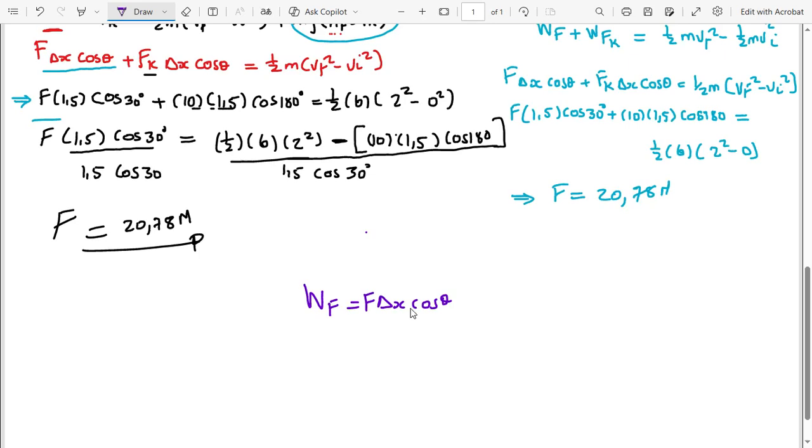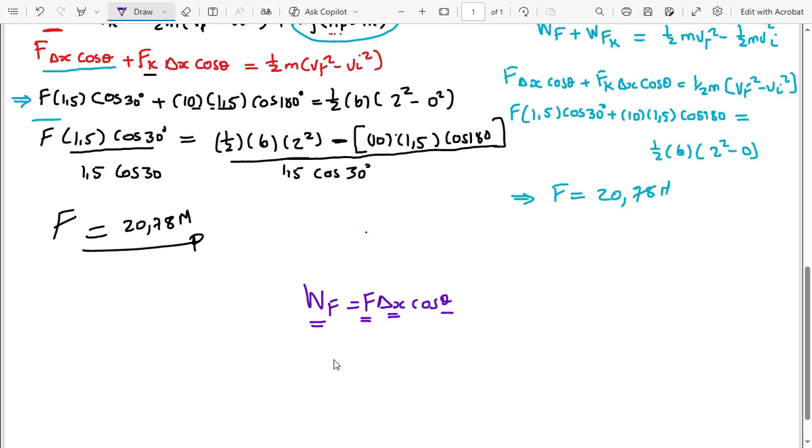It is telling you that the work done by force F depends on the magnitude of the force, the displacement, which is the 1.5 covered, and also the angle that the applied force is applied with.